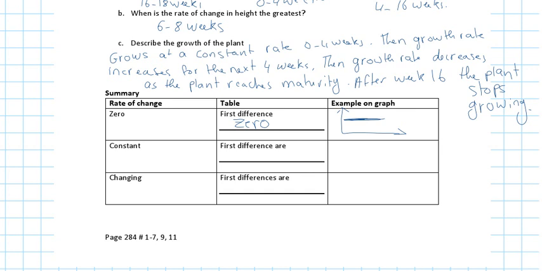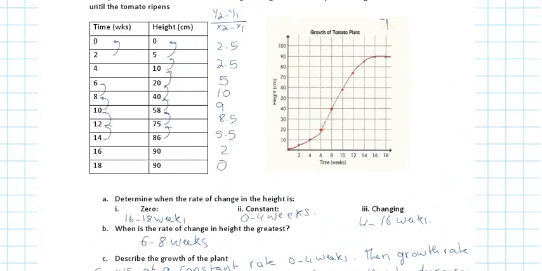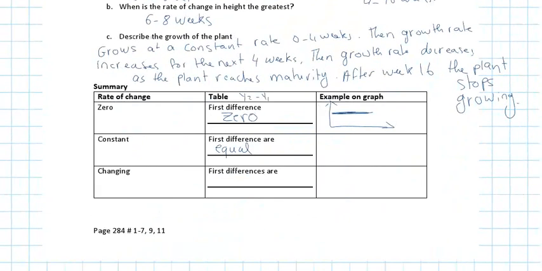Now, if your rate of change is constant, your first difference is also going to be equal. Remember that your first difference is just y2 minus y1. So in the table of values, you're going to see that they're equal, like we saw here, where y2 minus y1 is 5 over 2, so that's 2.5.